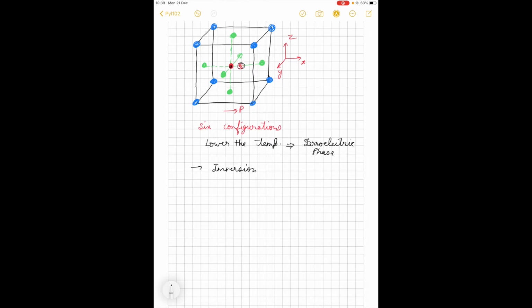Now if, let's say, this titanium is along plus x, I don't have a center of inversion. Plus x is different from minus x, right? This ion is at some distance, for example 2 centimeters. The green on the other left side would be around 4 centimeters, so it's not inversion symmetric. So the inversion symmetry is broken.